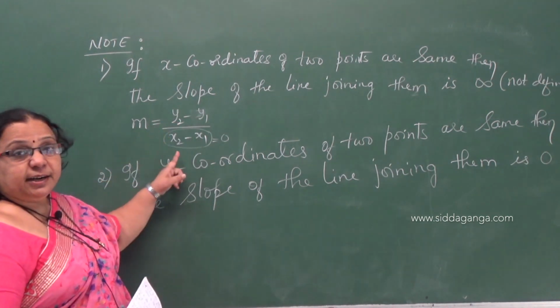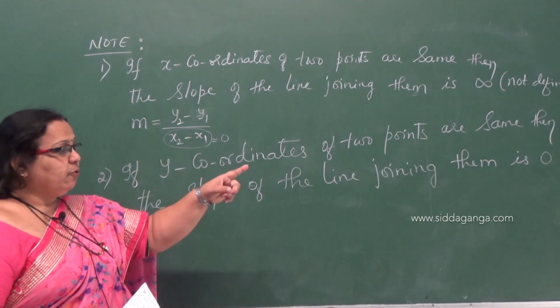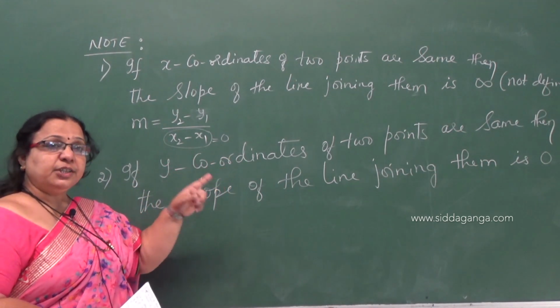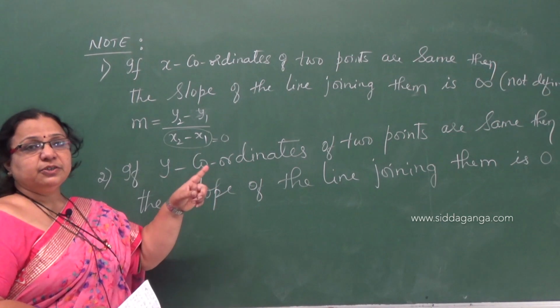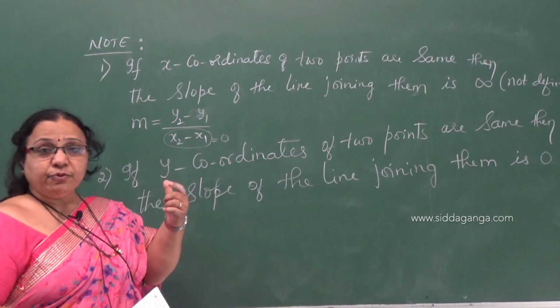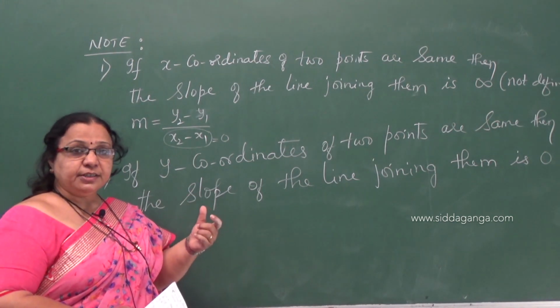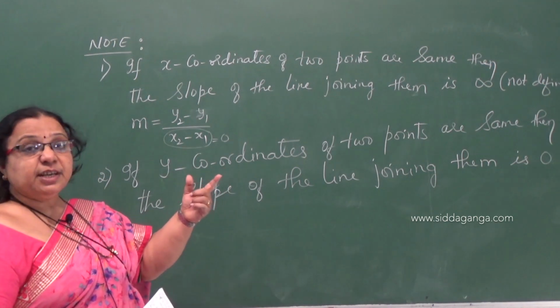Therefore 0 divided by any number is 0. So if the y coordinates of 2 points are same, the slope of the line joining such points is always equal to 0.